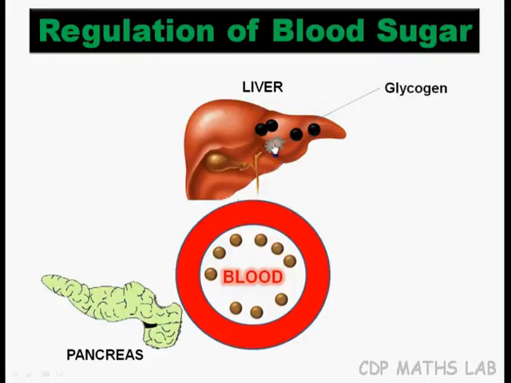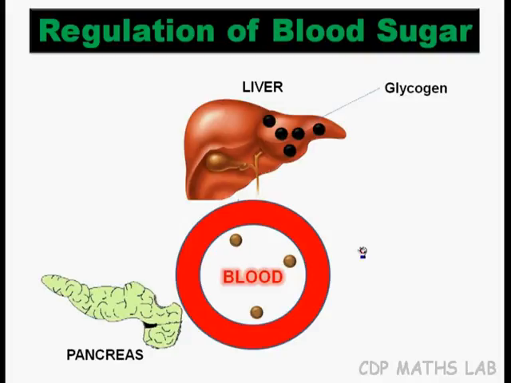The insulin caused the liver to absorb the excess glucose and convert it into what? Glycogen. So the insulin causes the liver to absorb excess glucose and convert it into glycogen. And now it causes the right amount of glucose to be inside of your what? Blood. So simple.